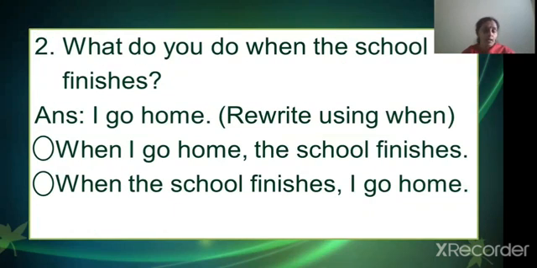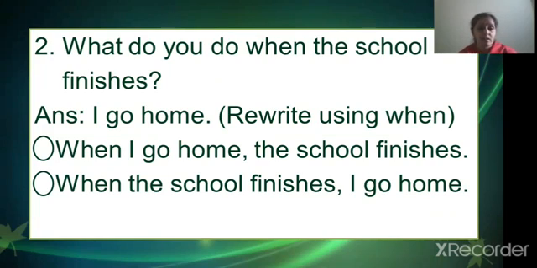What do you do when the school finishes? The answer is, I go home. So you have to rewrite this answer using when. So the options again given here are, when I go home, the school finishes, or when the school finishes, I go home.